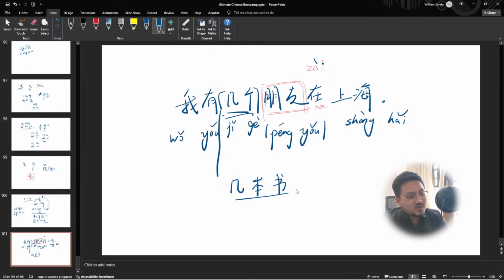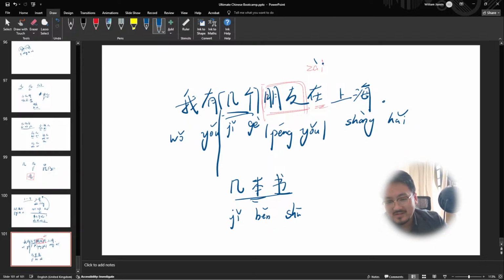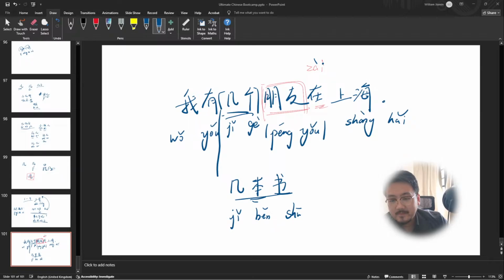I just say I have several books about this. 本 is the measure word when you count books: 一本书, 两本书, 三本书. 几本书 is just vaguely saying I've got some books I can show you.